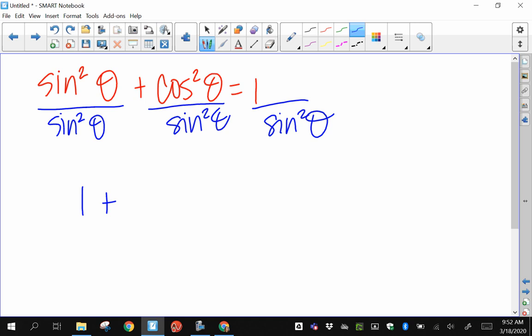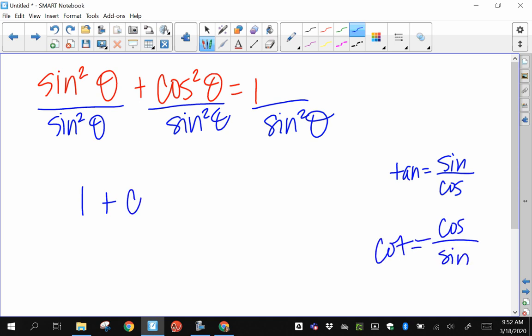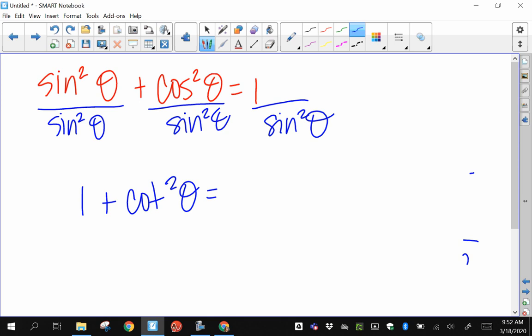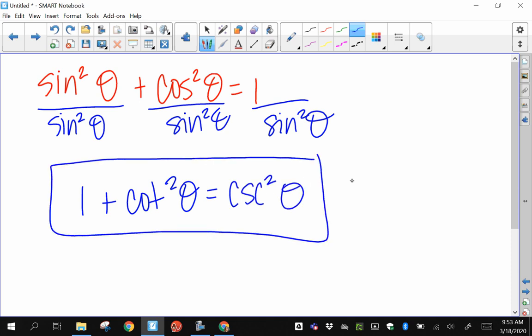Cosine divided by sine, well, if tangent is sine over cosine, then cosine over sine is the reciprocal of that, which would be cotangent. So cotangent quantity squared theta. And then on the right side of the equal sign, we have another one of those reciprocal identities. 1 divided by sine, well, S goes with C, C goes with S. That's going to be cosecant squared theta. There is your third Pythagorean identity.